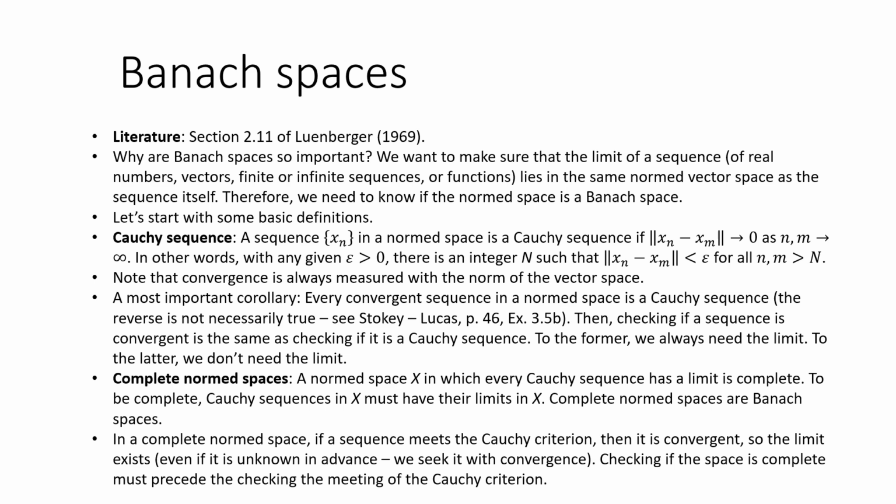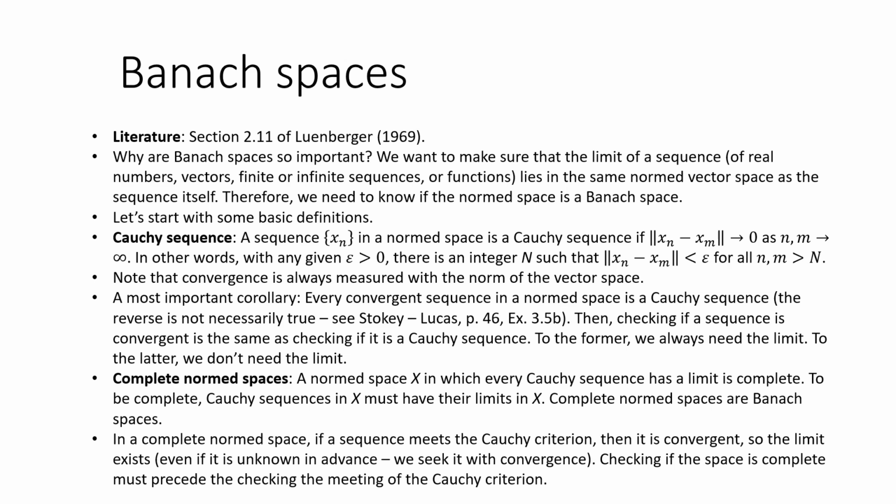So at the far end, the difference between the elements of a sequence approaches 0. Most importantly, convergence is always measured with the norm of the vector space. Note that we work in normed vector spaces. A normed vector space has its own norm, and convergence is measured with this norm.